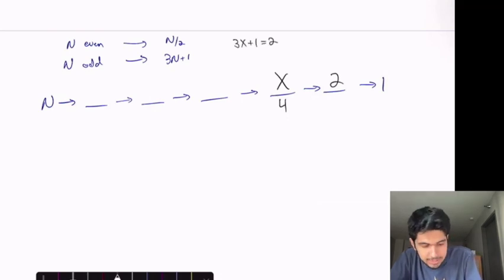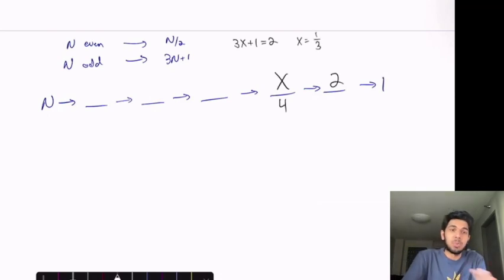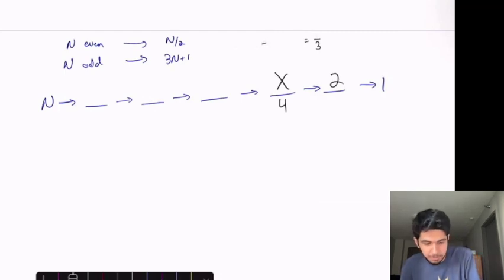If you solve for x, you get x equals 1/3. 1/3 is not an odd number. It's a fraction. So this case also can't happen. We can't have an odd number whose output will be 2. So that means this x must be 4.